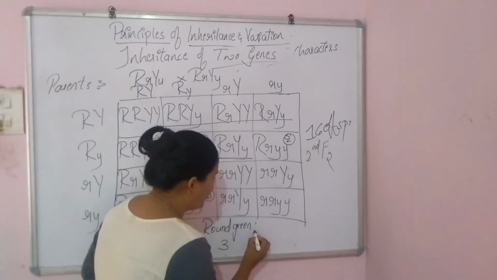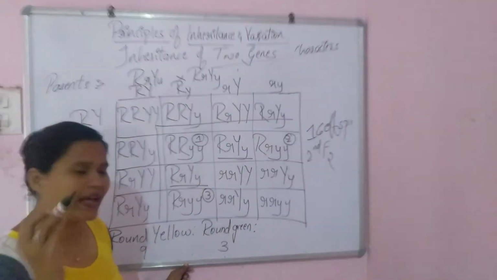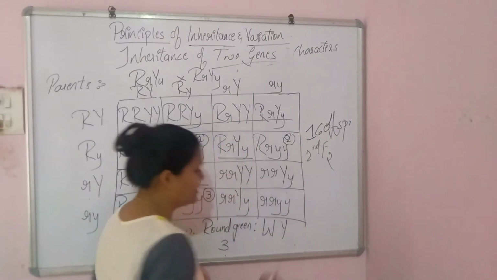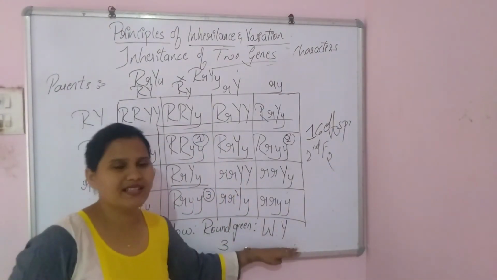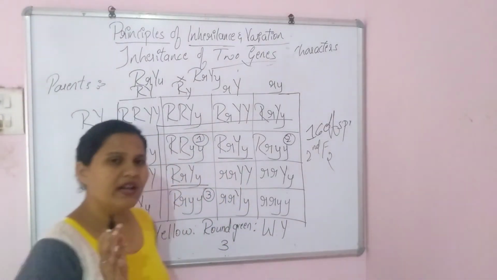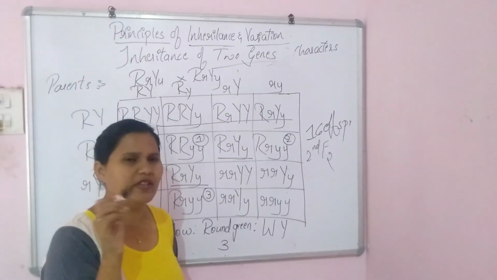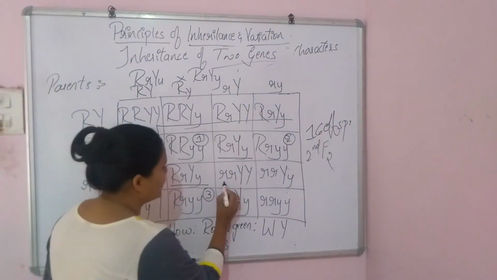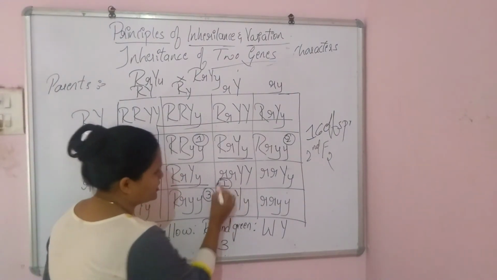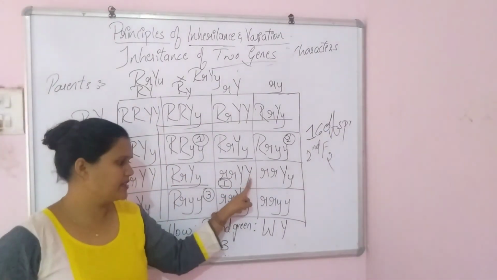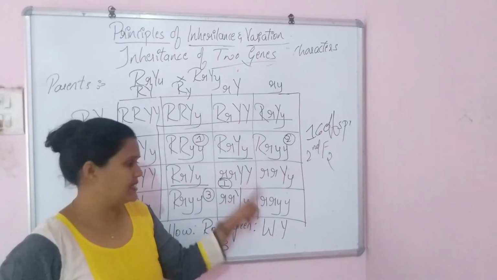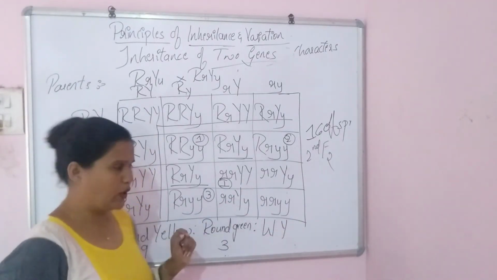Let's move on to the wrinkled yellow. WY in the sense wrinkled yellow. Wrinkled means there should be the presence of small r and small r. Here is the presence of small r, small r, and here the capital Y, in the sense it is wrinkled yellow.